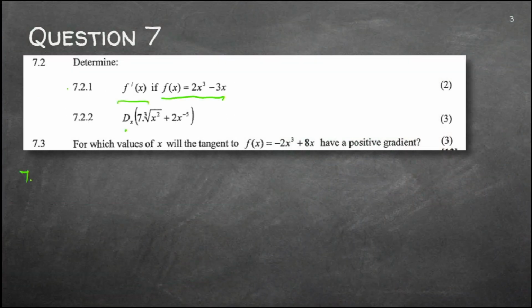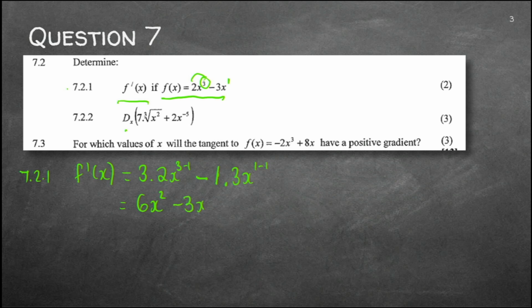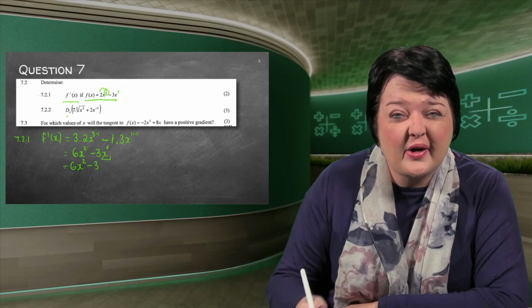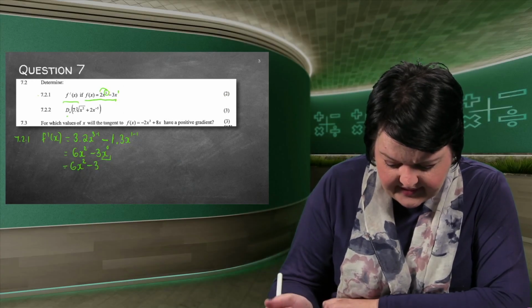So for 7.2.1, I'm simply going to state that the derivative is, bring the 3 to the front, 3 times 2x to the power of 3 minus 1, minus, this is to the power of 1, so it's 1 times 3x to the power of 1 minus 1. 6x squared minus 3x to the power of 0, 6x squared minus 3. Remember, anything to the power of 0 is equal to 1.